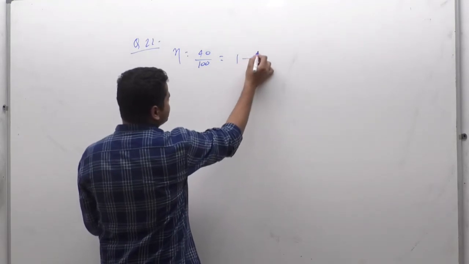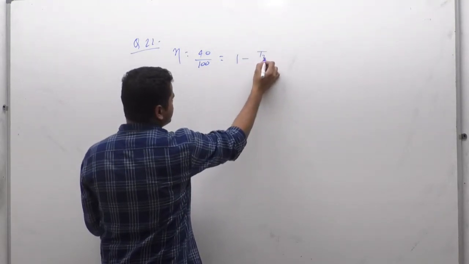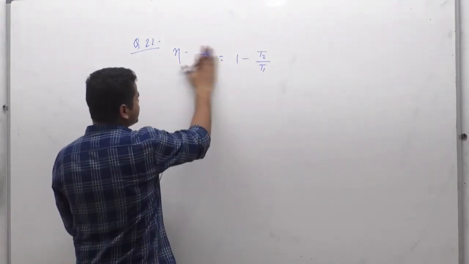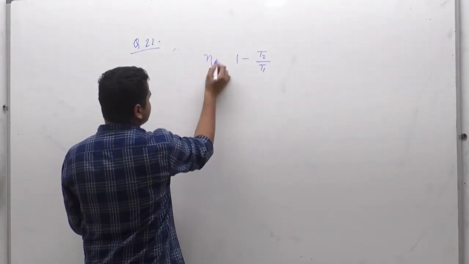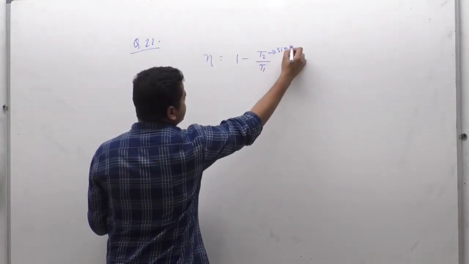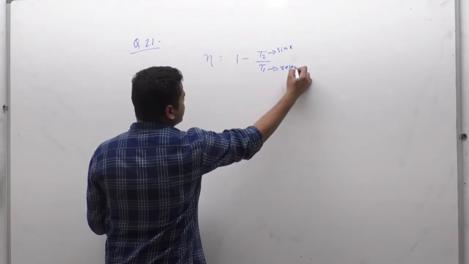You know the formula? In this particular question, this is the efficiency formula. Efficiency is equal to 1 minus sink temperature T2 upon T1. T2 is called sink temperature, and T1 is called reservoir temperature.